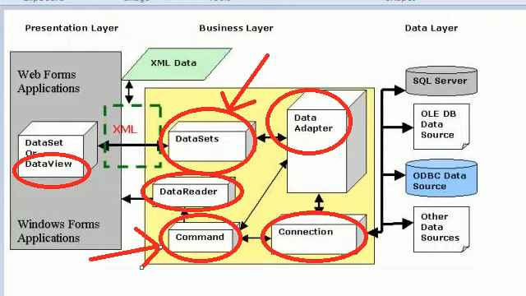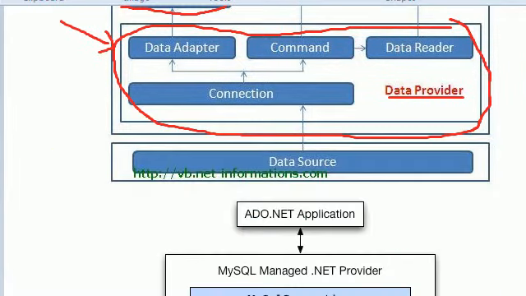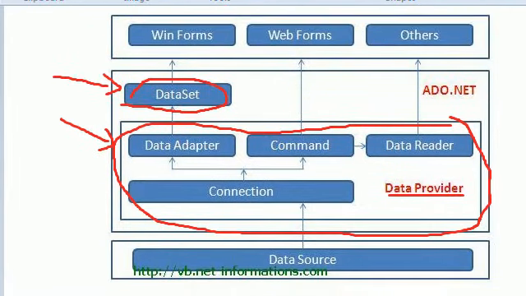And last, but not least, is the data adapter. A data adapter consists of two things: the commands and the connection. If we move down a little bit, we can see here the dataset and how data flows.